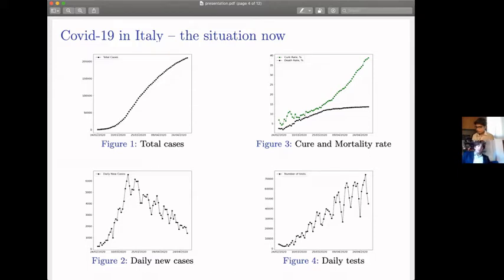Whereas the increase in the cure rate is most likely due to innovative treatments and drugs that are currently being tested in Italy. Then daily tests are plotted in figure 4 to show how the Italian testing strategy has changed over time. Well, the ratio between daily new cases and daily tests is increasing, especially since the beginning of last month.